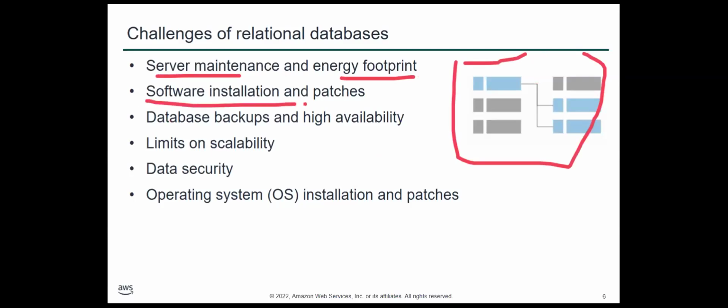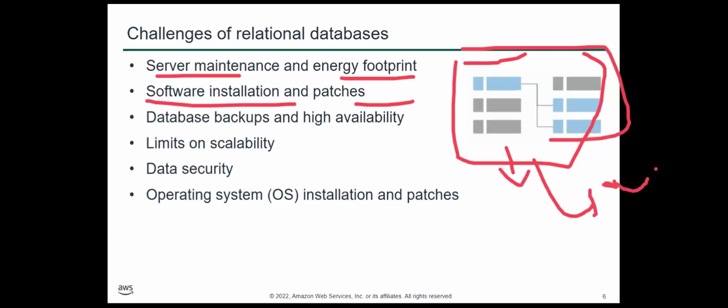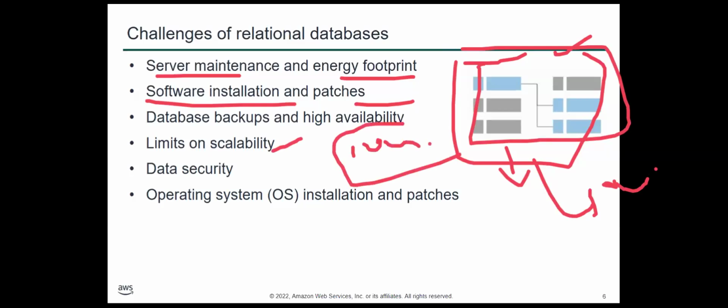We have to manage software installation and patches, because when you have a database server, you have to update the server often. Then database backups: you have to keep taking and keeping all the backups, and we have to make sure the database is always available. Limited scalability: just now I told you the Excel example, 10 lakh is a limit. So there was some limit for your SQL relational database.